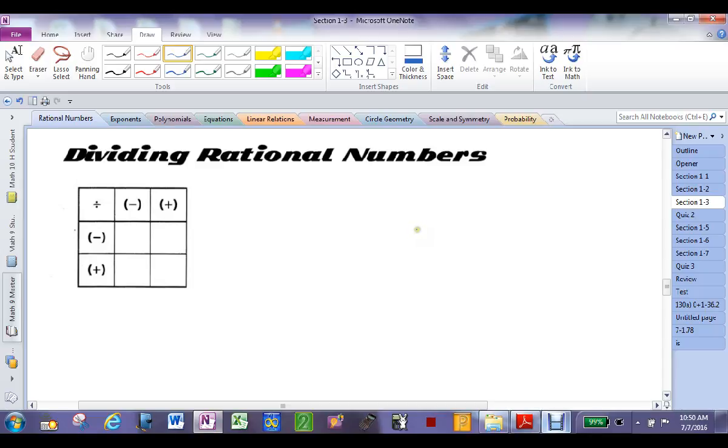First thing we got to do, though, is understand something about dividing rational numbers. Dividing rational numbers is simply the inverse operation to multiplying.